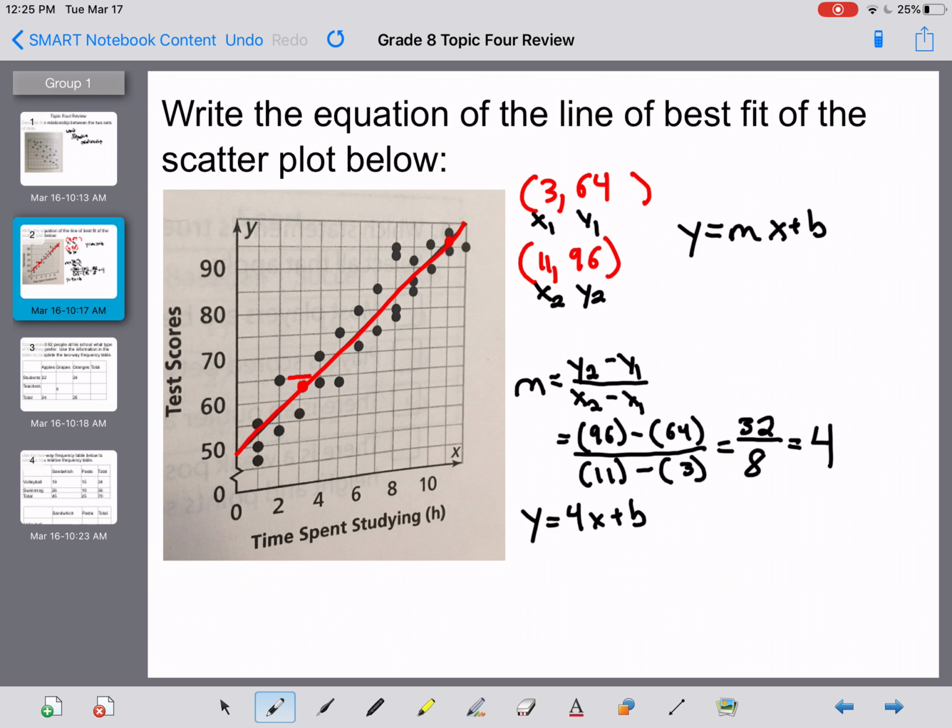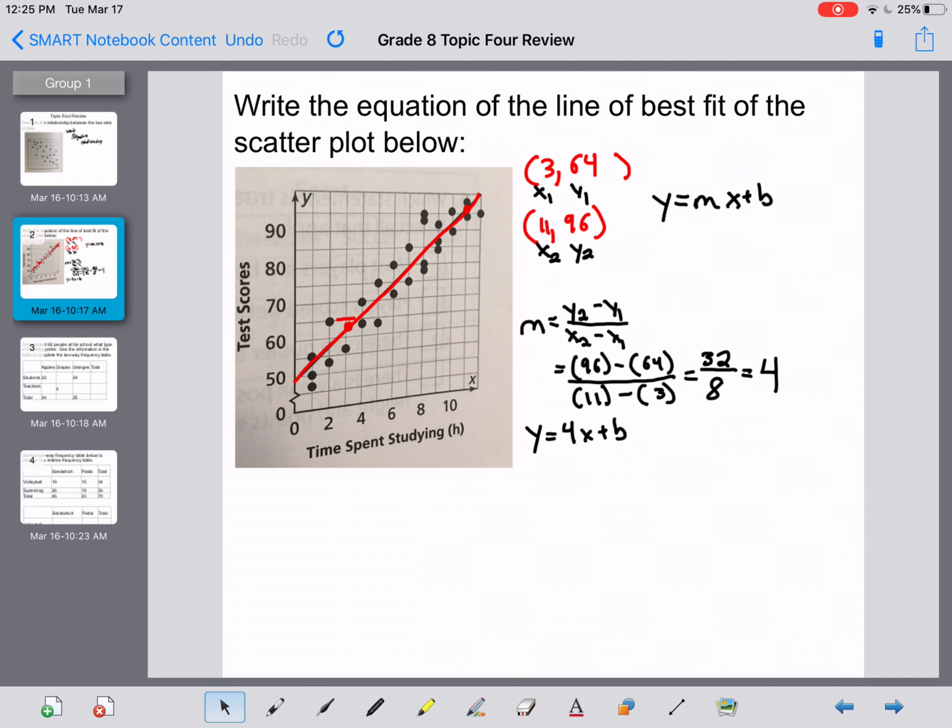Now I have to determine what my y-intercept is, or my b value. To do that, I could pick either point and substitute into my equation. I'm going to pick my first point because it's smaller. In my first point, my x value is 3 and my y value is 64.